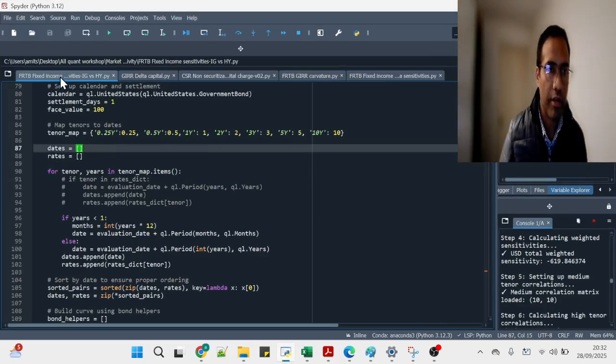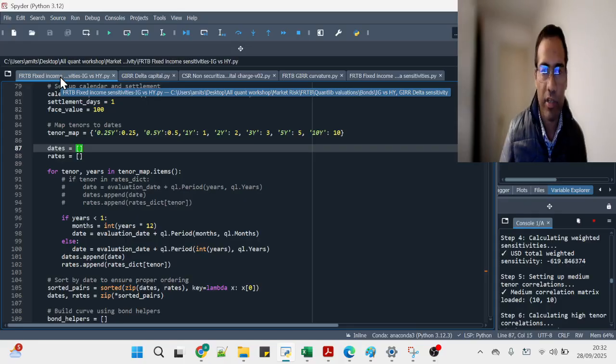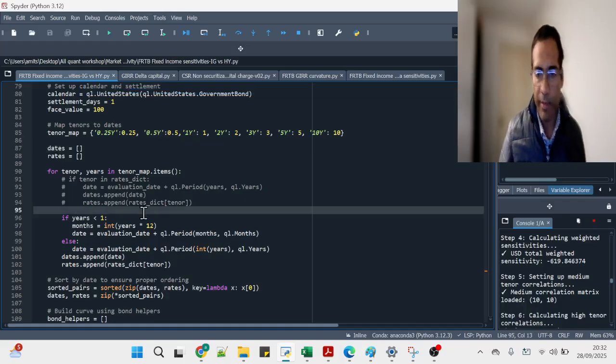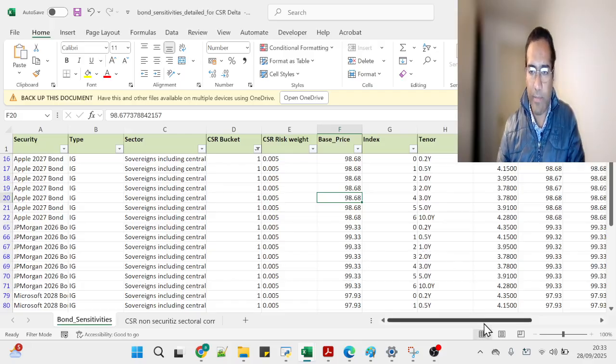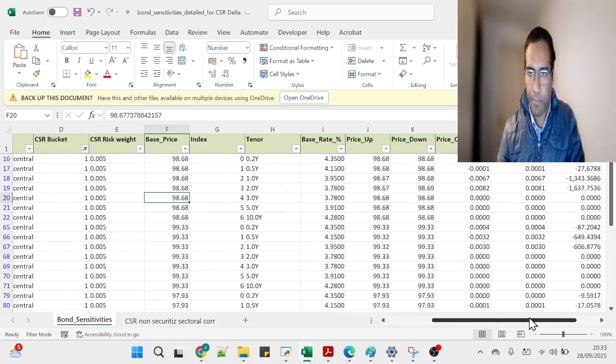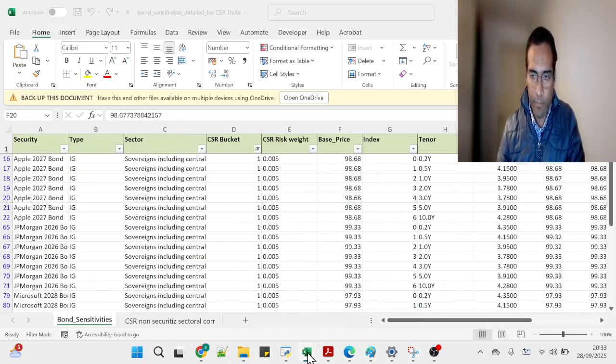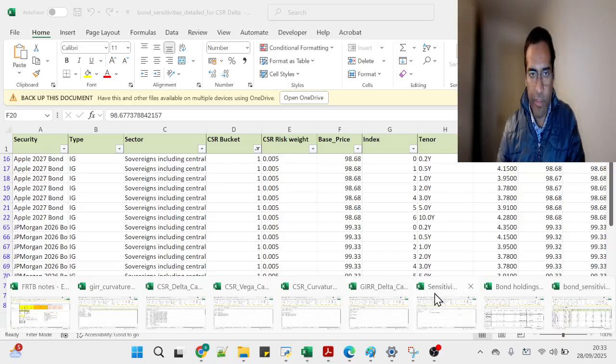Once it calculates sensitivity, let's see what sensitivities I got. So these are the sensitivities.